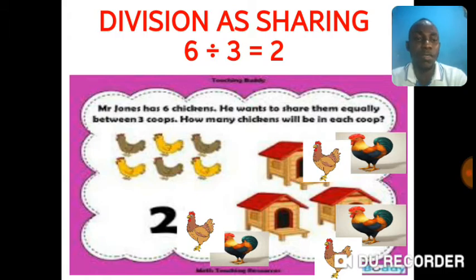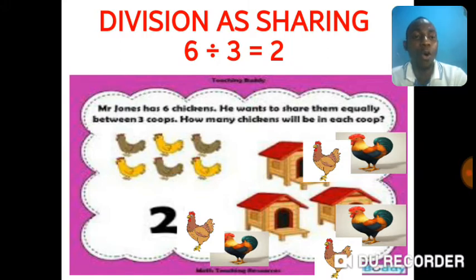Why? Because when we look at the picture carefully on our right, and we distribute the chickens equally among the coops, we are going to have 2 chickens sleeping in each coop.